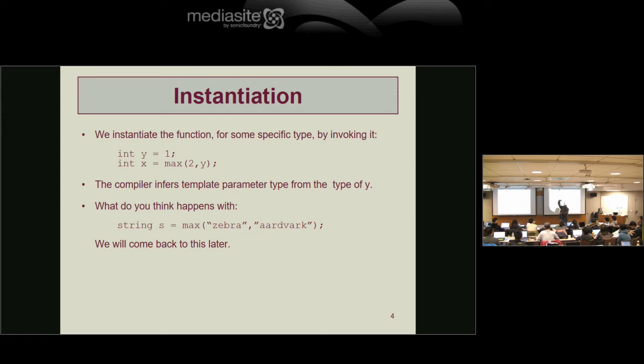Okay? So on a Windows machine, if I declare zebra first and aardvark second, I'll get aardvark. If I'm on a Mac and I declare zebra first and aardvark second, I'll get zebra.